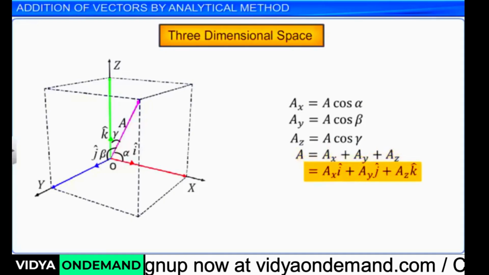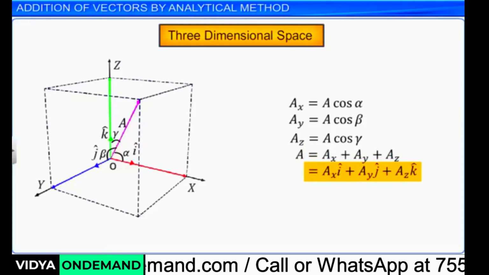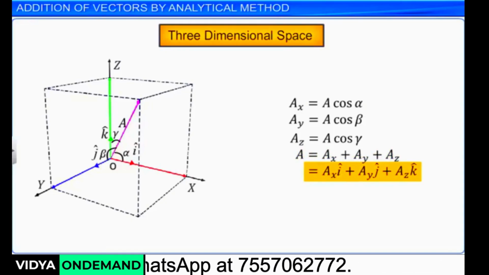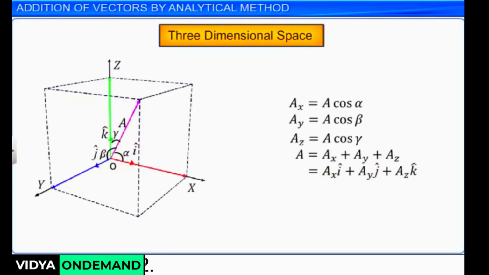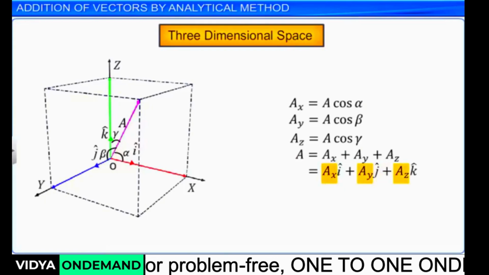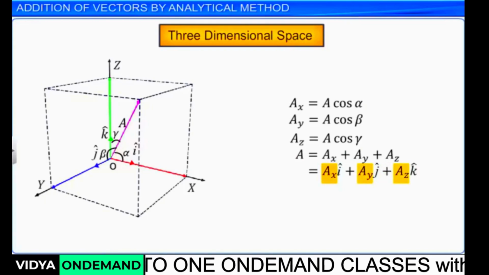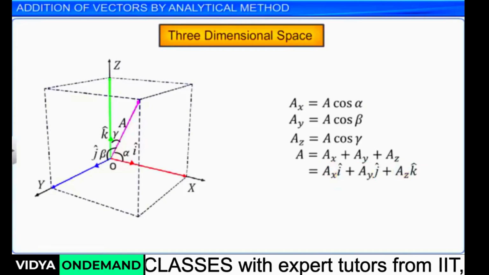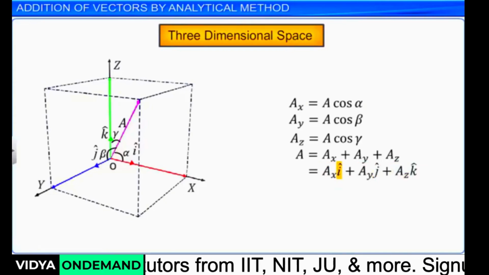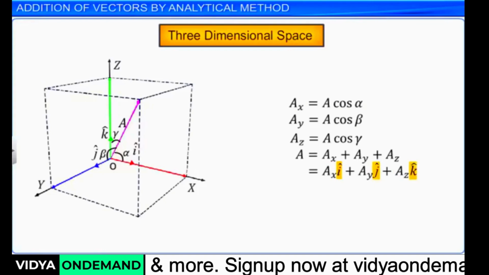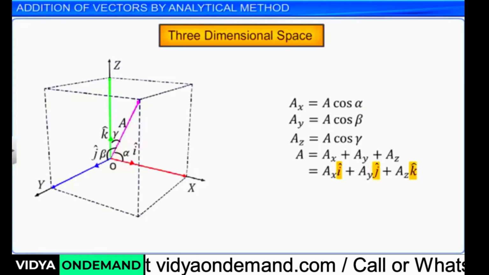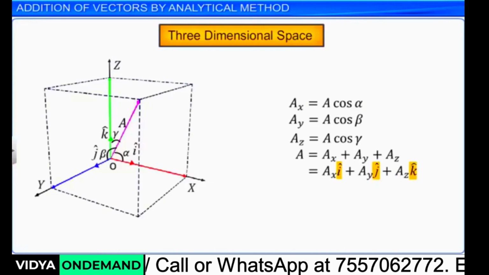Here, AX, AY, and AZ are scalars, and i, j, and k are unit vectors. The magnitude of A can be written as the square root of AX square plus AY square plus AZ square.